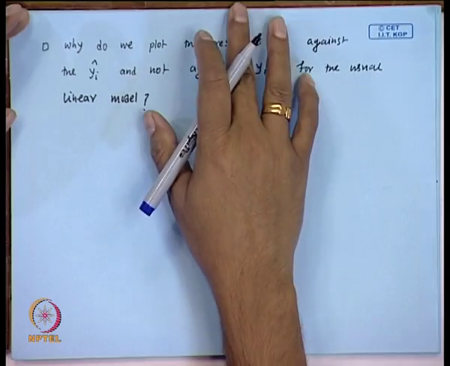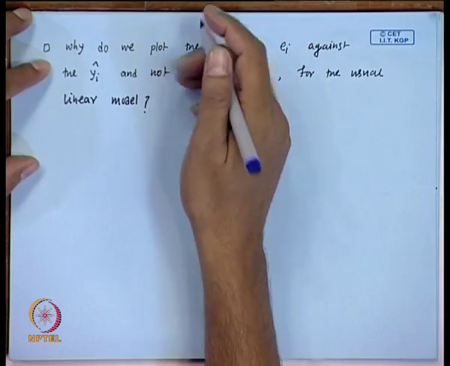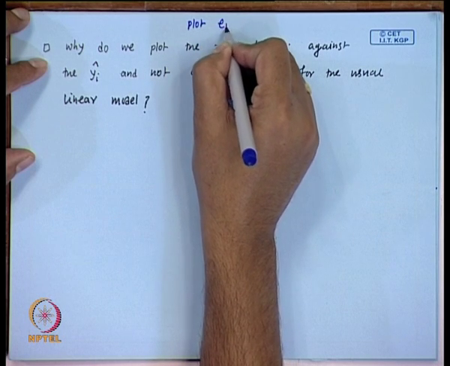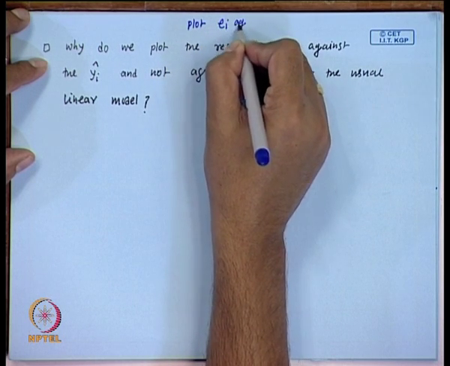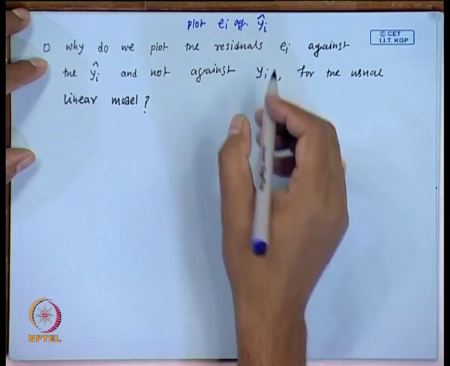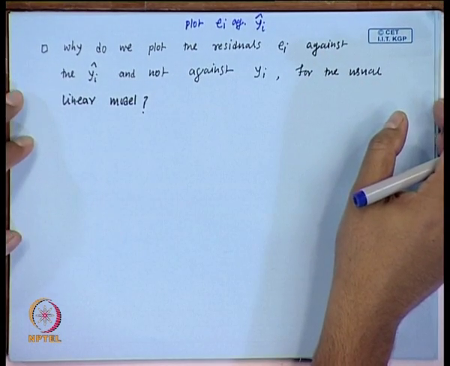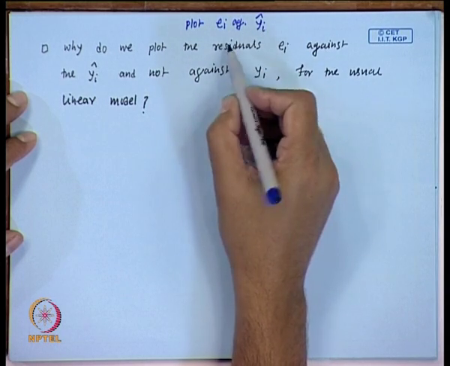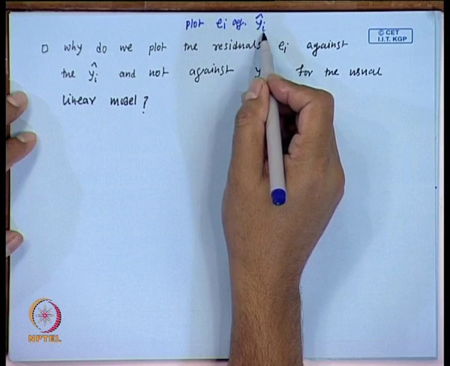Okay. Now, there is a question you might be wondering. What we did is that we have just checked the plot of ei against yi hat. So why plot ei against yi hat, why not ei against yi?